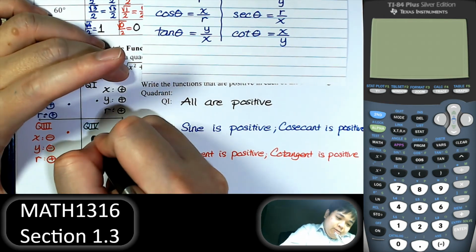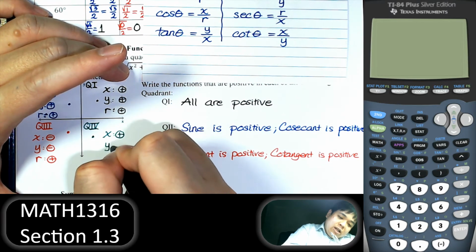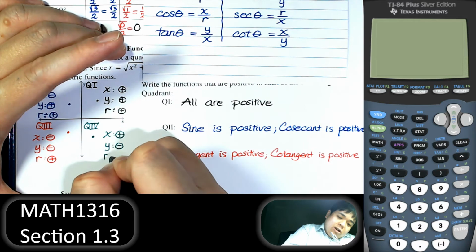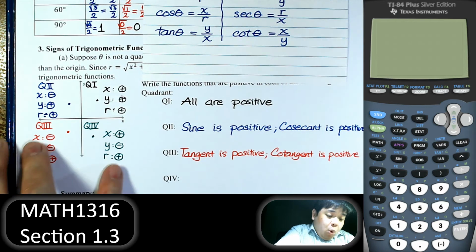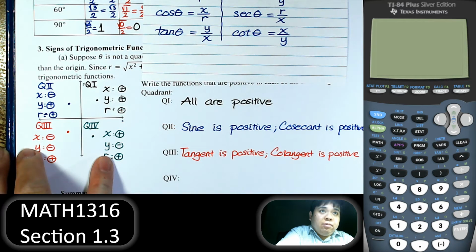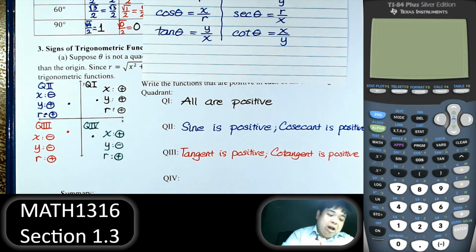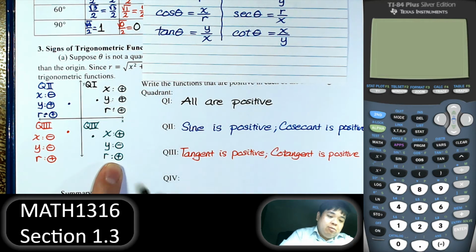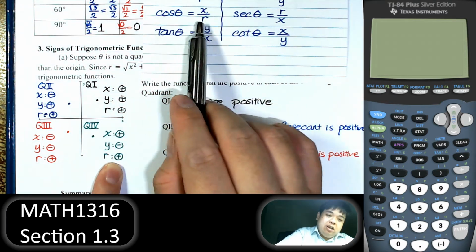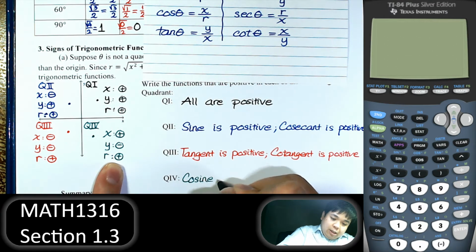Now on to quadrant 4. In quadrant 4, x is positive, y is negative, r always positive. So if we want to get a positive function, by the way, when we write this, everything else is negative. I will do that in a minute. But in quadrant 4, if we need something to be positive, we have to choose x and r. Positive divided by positive is positive. So x and r, that's cosine and secant. So cosine is positive.